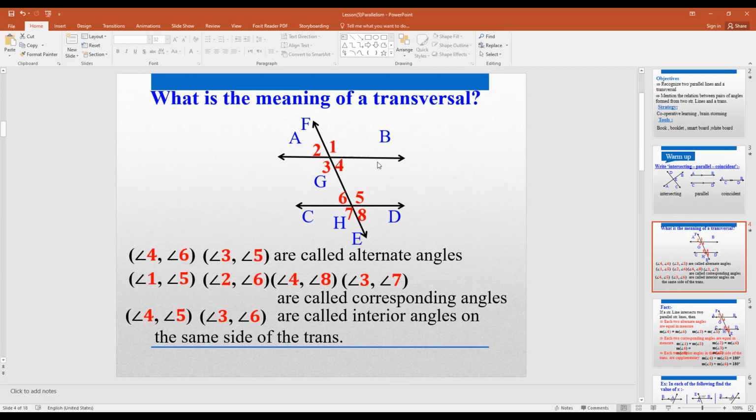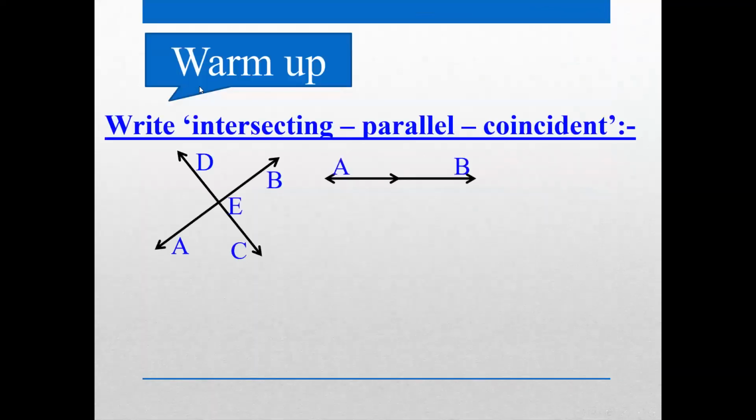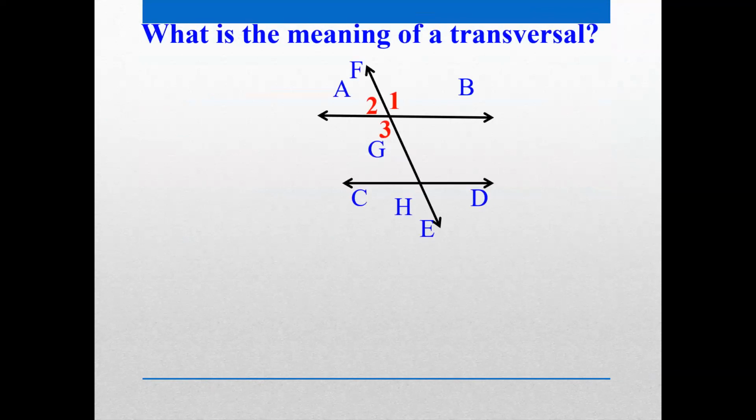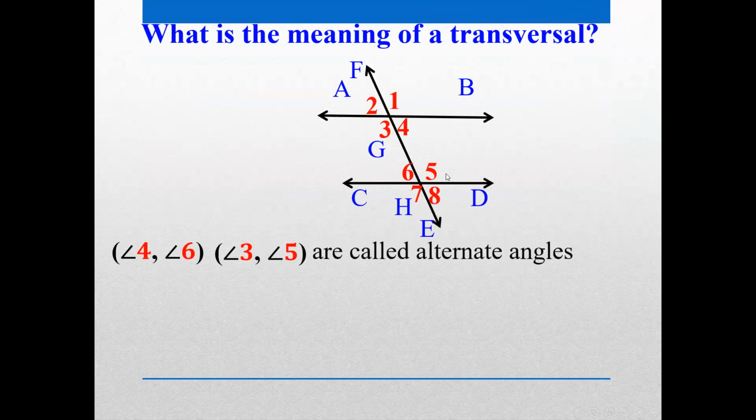So if we have two straight lines and a transversal, we have alternate angles, denoted by the letter Z. Angle 4 and angle 6, and also angle 3 and angle 5, are called alternate angles, in the form of the letter Z.